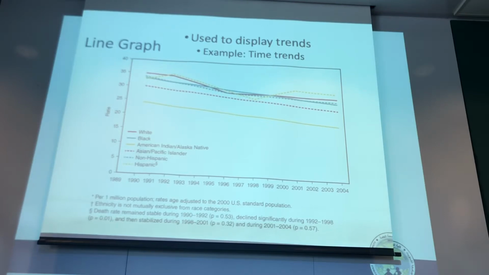You can see here we have a rate, some kind of time trend, between 1989 and 2004. Here we see the rate of death, and we conclude that the rate of death between 1989 and 2004 was declining, in a very clear way.